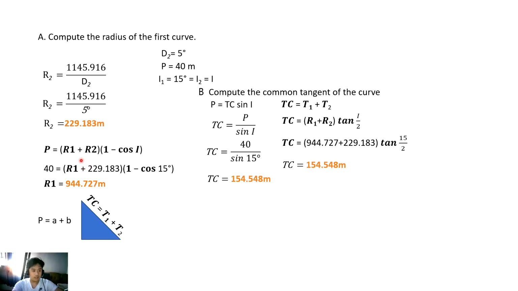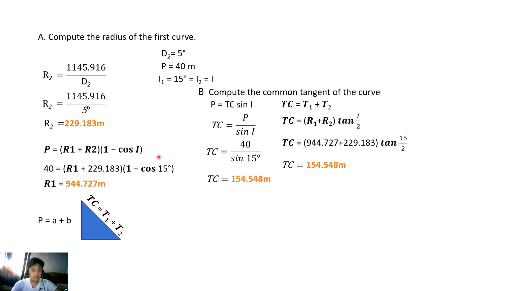So, as is yan. Plus R2, which is 229.183 times 1 minus cosine 15 degree, which is yung I natin. So, makukuha natin yung R1 natin pag nilagay na natin ito lahat sa calcu. So, ang R1 natin ay 944.727 meters.